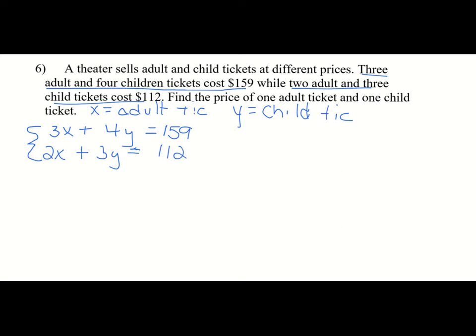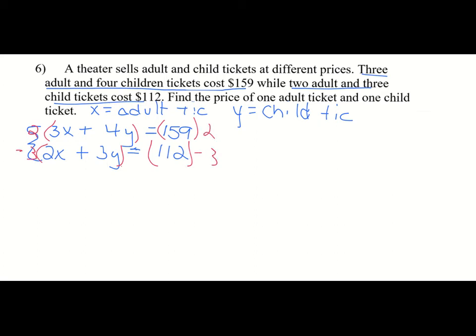And again, I feel like with this one, the best way to solve it is through elimination. And we can turn the x's into 6, because that's a common multiple of 2 and 3. So I'm going to multiply the top by 2 and the bottom by -3.